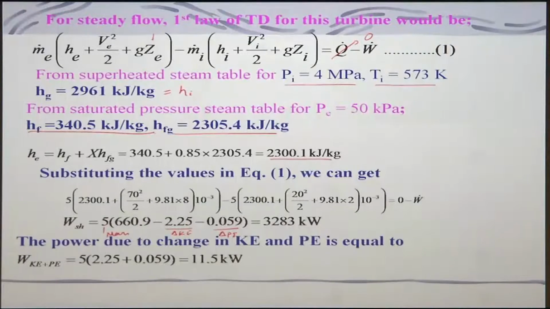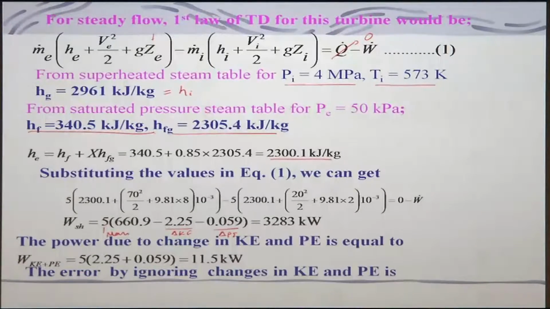The percentage error is 11.5 divided by 3293 times 100, which is about 0.35 percent, negligibly small. Therefore, we always neglect this term, but if your problem says you have to evaluate it, please do that.